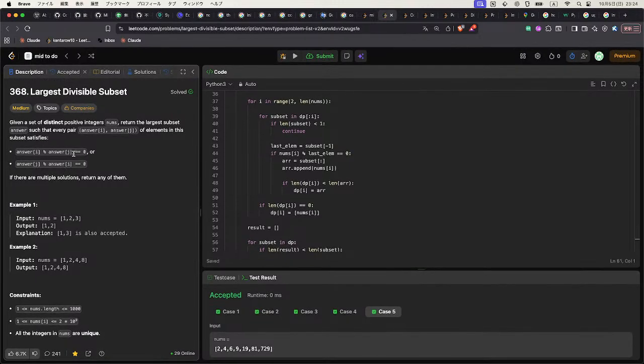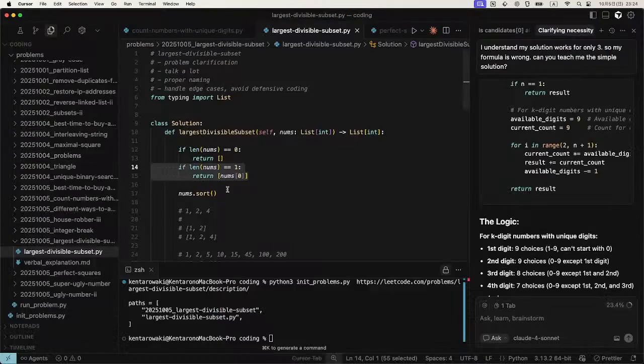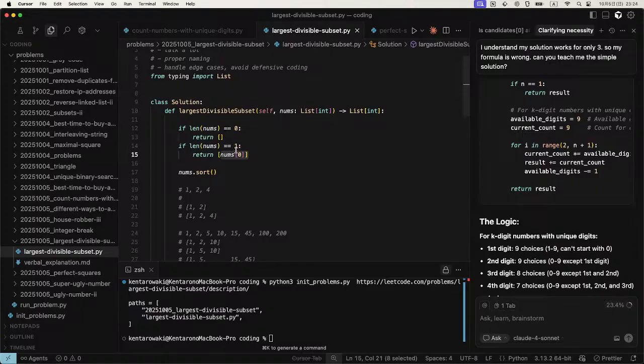I and j could be the same. So the only one element in the subset is allowed. Okay, so if the length of numbers is 1, the answer would be like this.